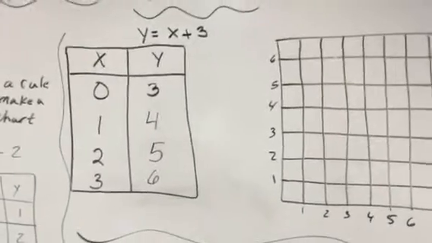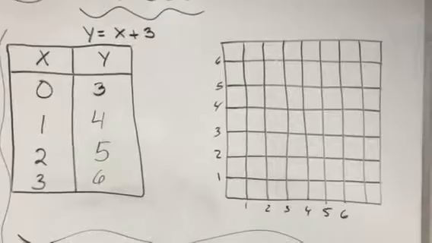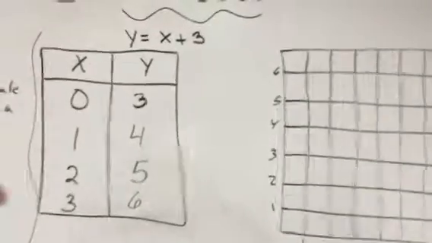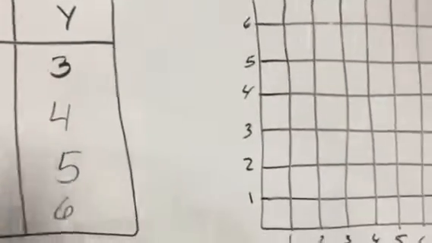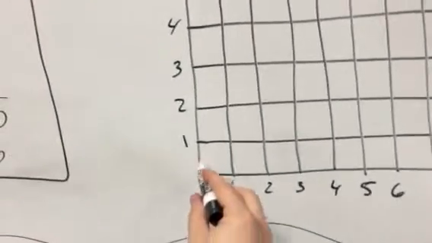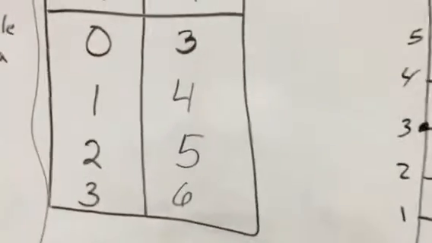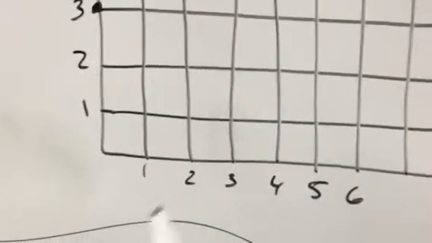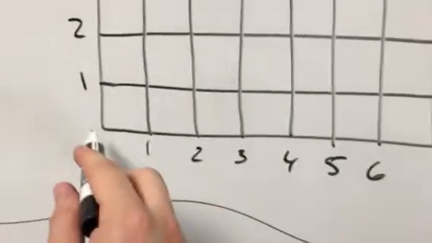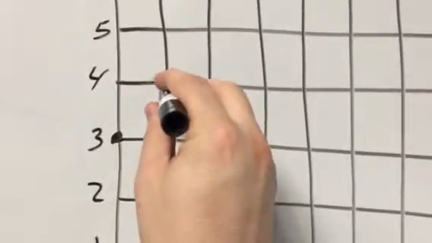Now let's look at how we can use the information that we just made to create this graph. We have the first ordered pair up here is 0, 3. So let's make a point at 0, 3. The next ordered pair is 1, 4. And remember, our ordered pairs are x and y. Our x is at the bottom. So we go 1, 4, and we put our point right here.